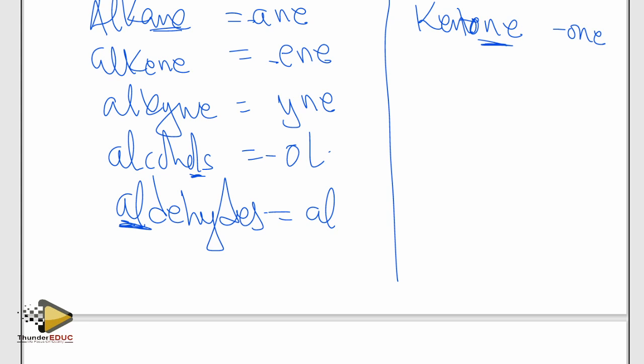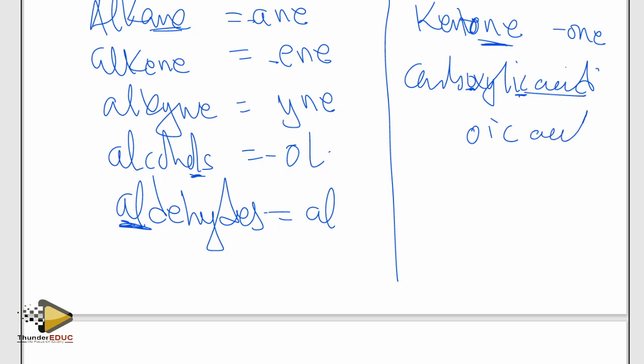And then we have the carboxylic acid. For its suffix, they add this oxygen and oic, so it becomes oic acid. So that's how it ends.